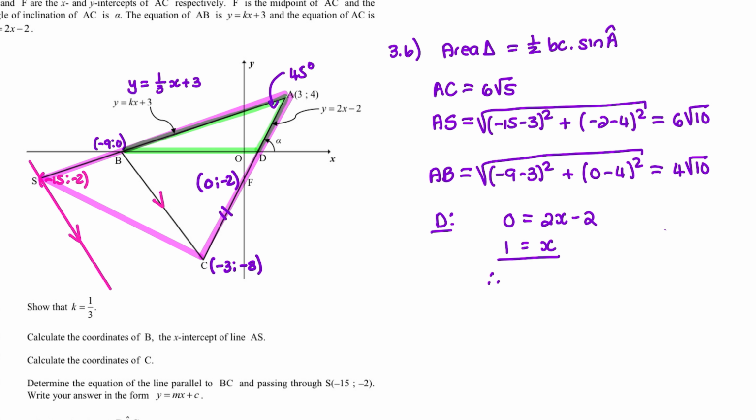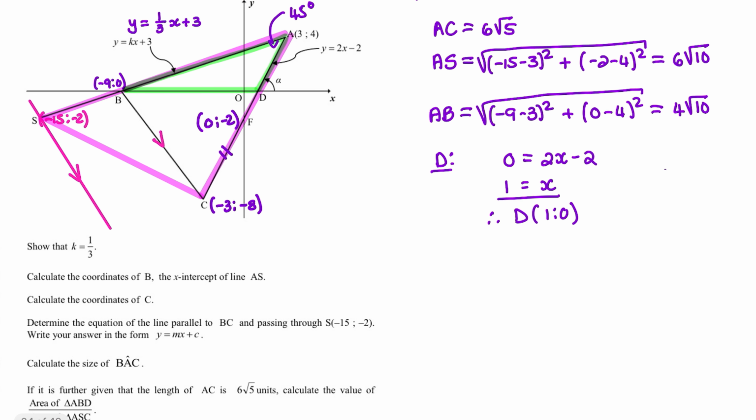Therefore, the coordinates of D are 1 and 0. And now I have enough information to find the length of AD, which is 3 minus 1 squared plus 4 minus 0 squared. And I take the square root of that, and that is equal to 2 root 5.